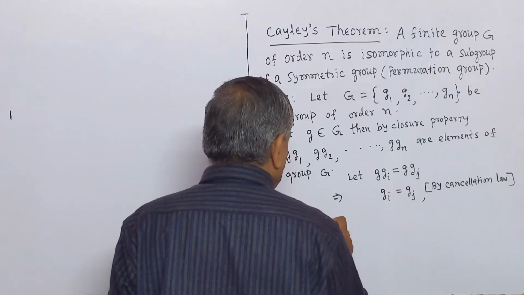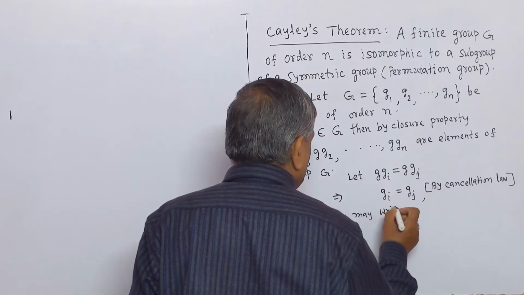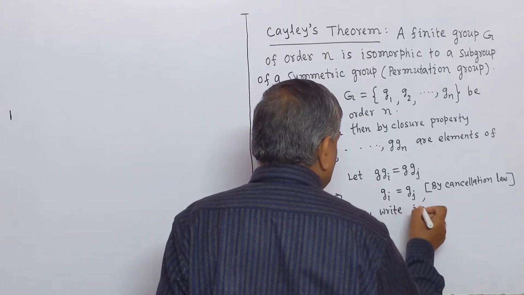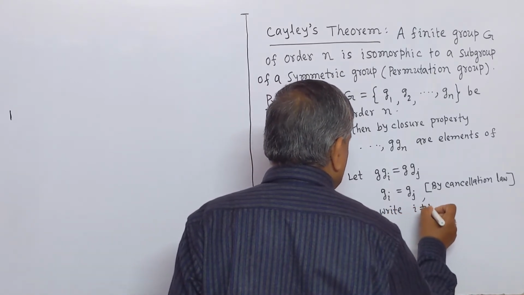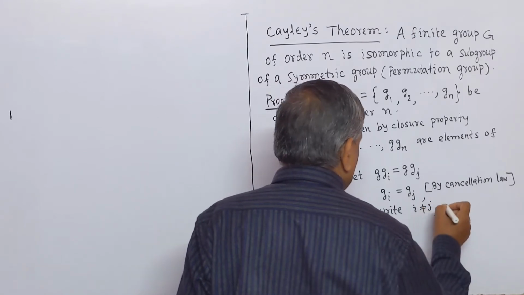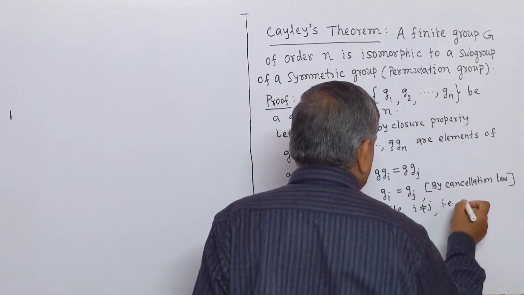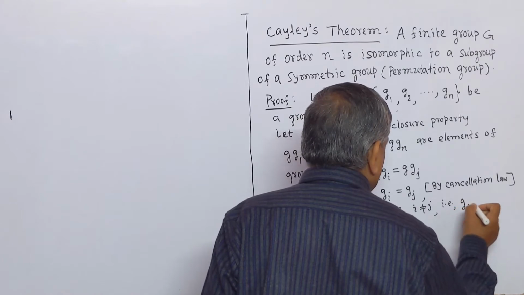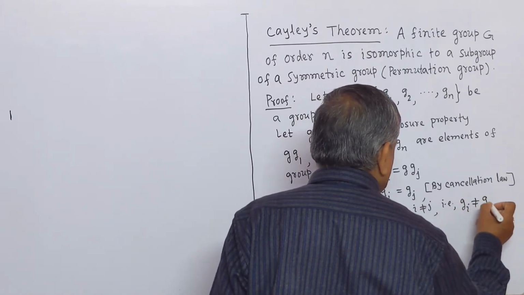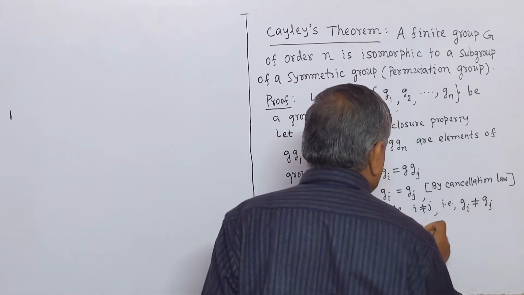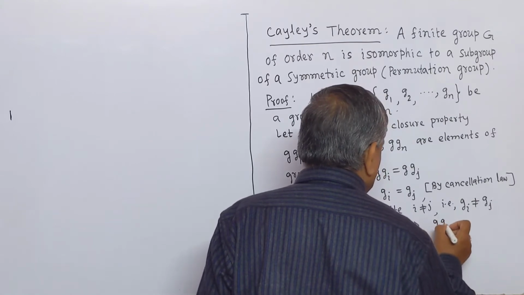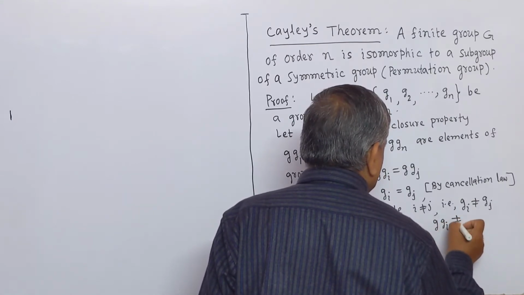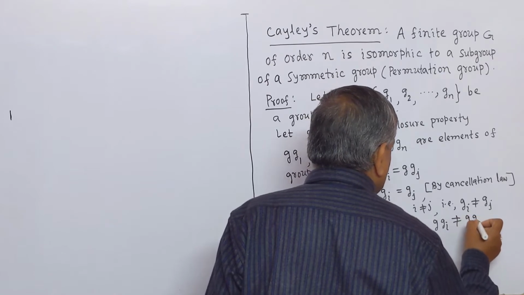Also, we may write i not equal to j implies g gi not equal to g gj.